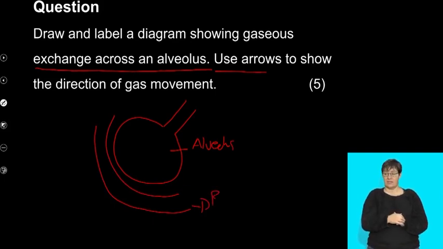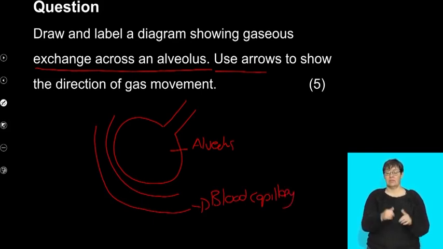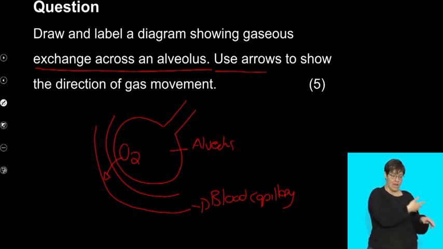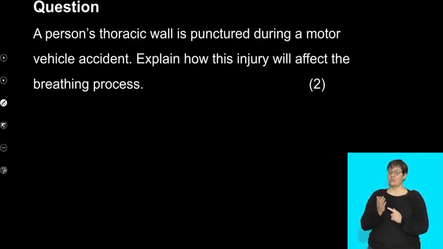Label it, please, so that we know what it is. Then the next thing, use arrows. So all you simply would have done is to say oxygen is moving from the lungs into the blood, and you would have shown the carbon dioxide moving from the blood into the alveoli. So that would be the correct diagram, how you've labeled it, and as they said, they wanted you to show the arrows.